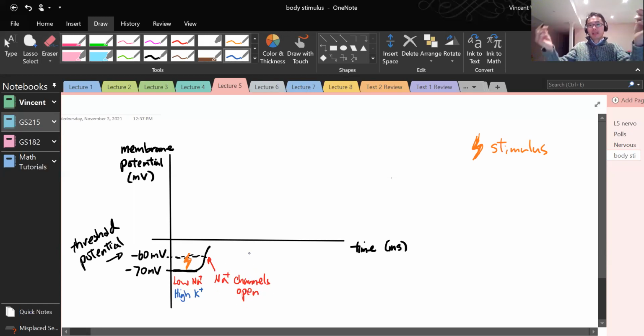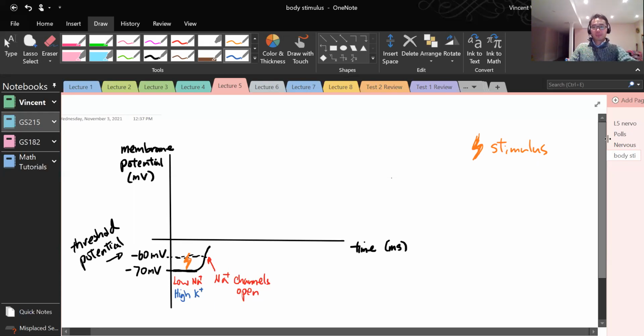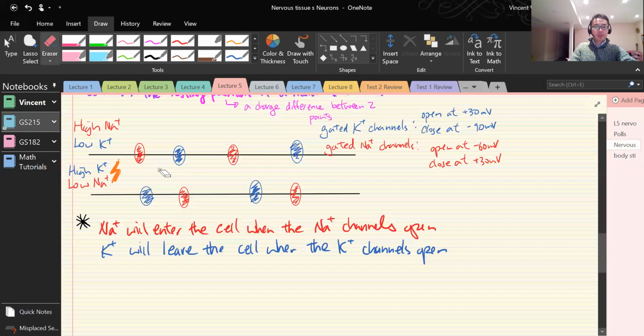Let's think back to what we said before the break. When you open the sodium channels, what will happen to the sodium? Which way will they go? Let's take a look at our diagram here. Sodium will enter the cell when the sodium channels are open.